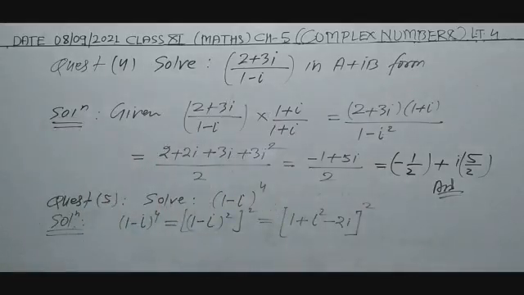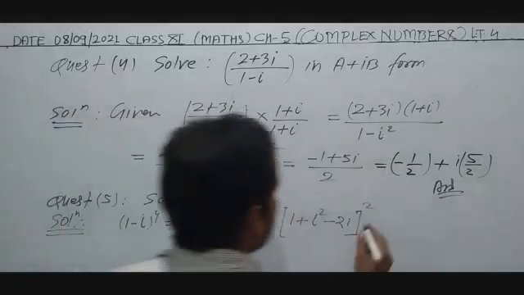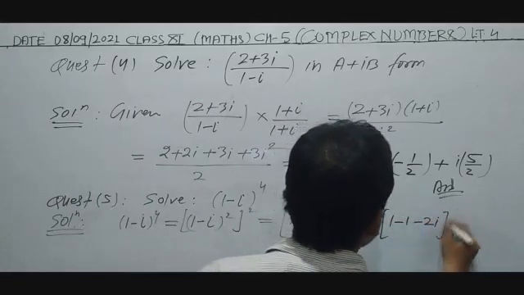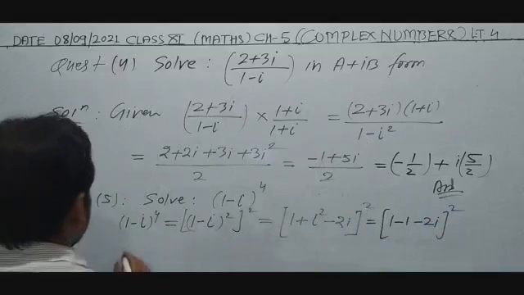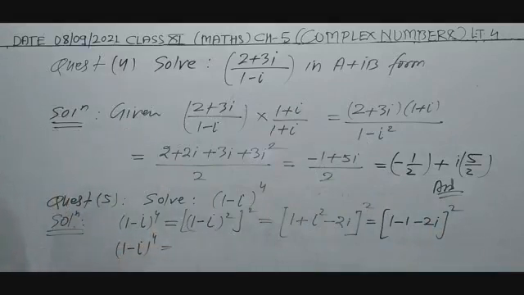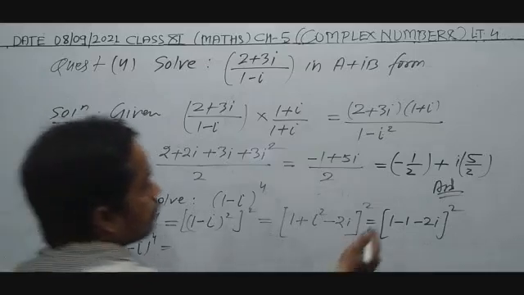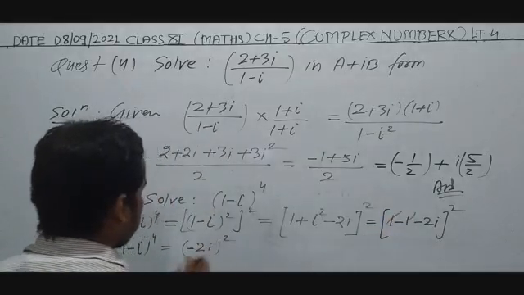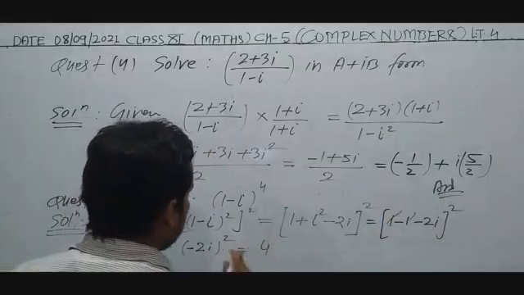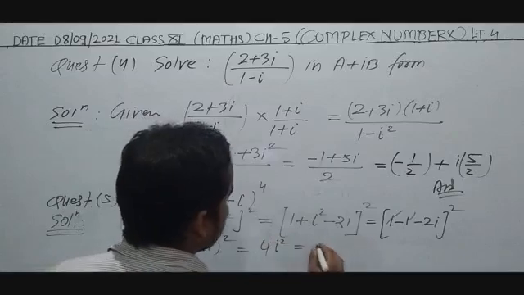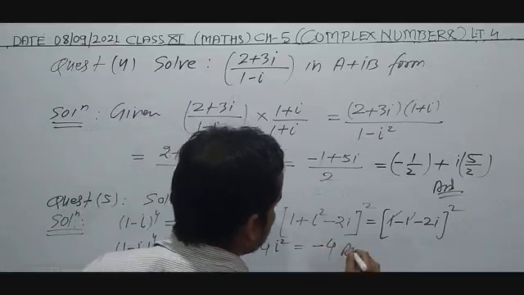Now this result we can write, i square result is minus 1, so (1 minus 1 minus 2i) power 2. This implies (1 minus i) power 4 is, 1 minus 1 is cancelled out, so (minus 2i) whole square, and minus 2 whole square result is 4 and i square is minus 1, so result will be minus 4.